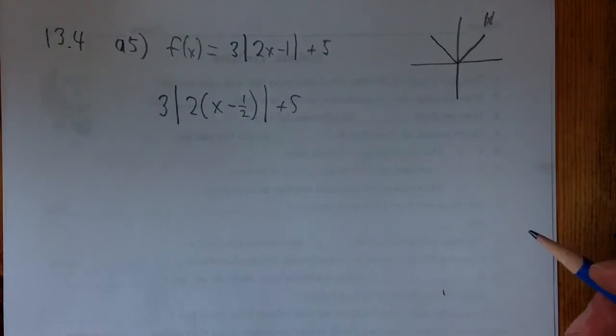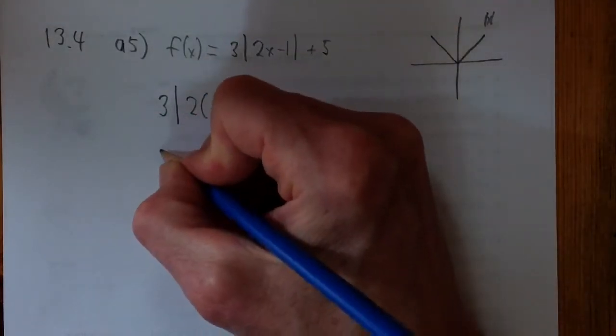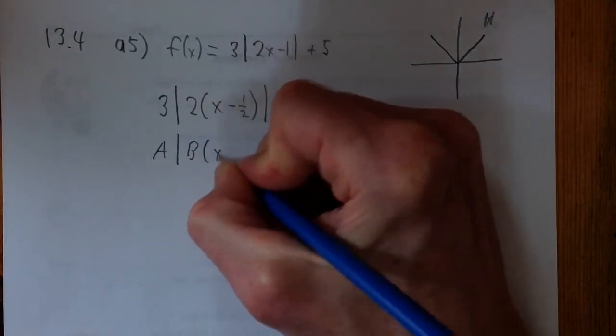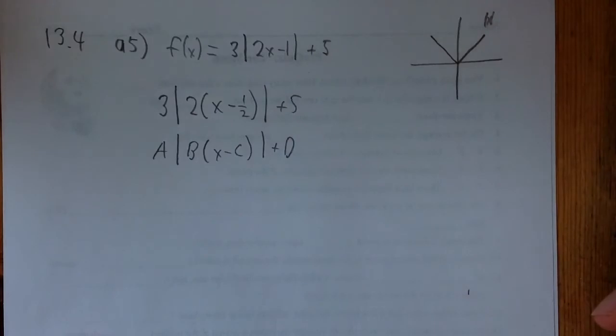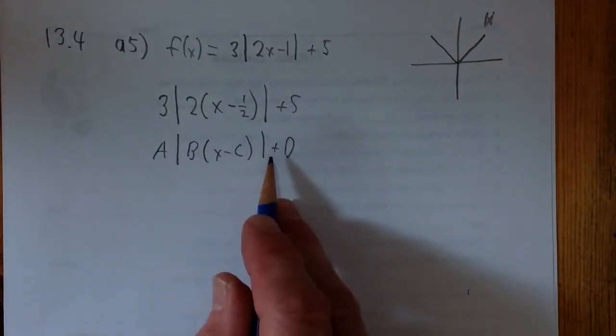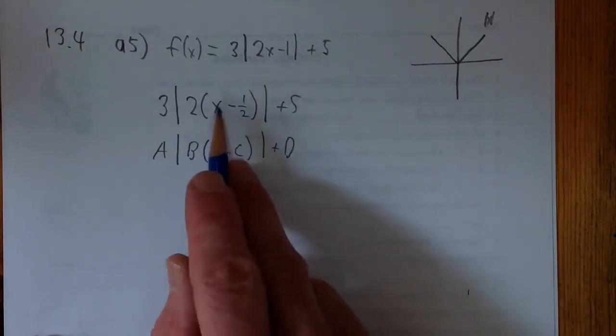So yep, that looks right. Okay, now we are in a place to say what we're doing. Now they say write it in the form a times b(x minus c) plus d, which we did. So you don't need to write this out. All they're saying is write it in that form. They're just basically reminding you to get the x by itself.